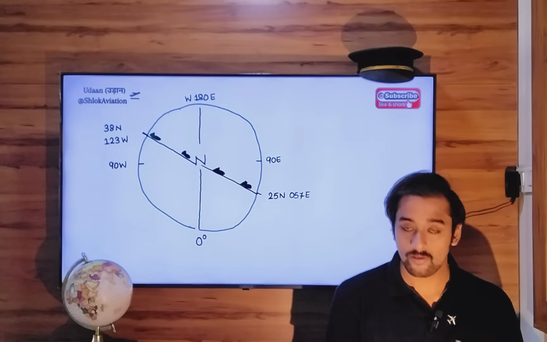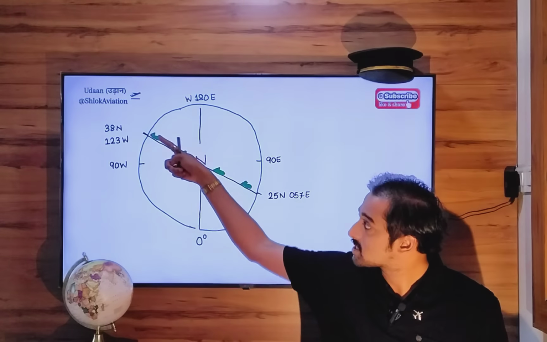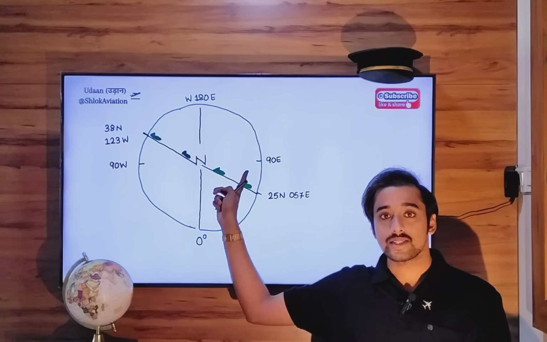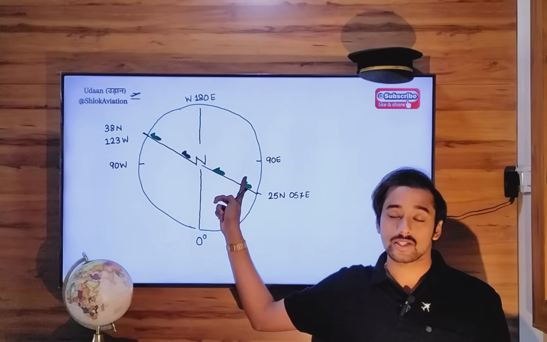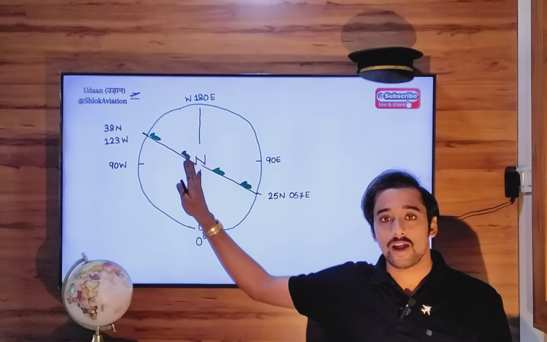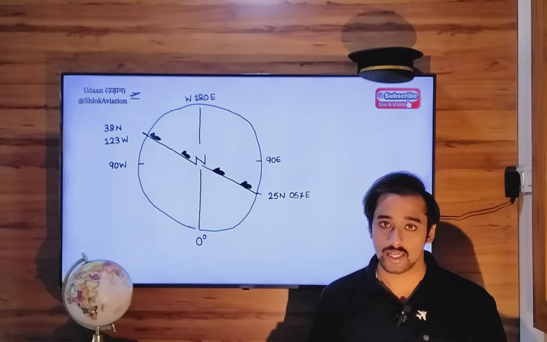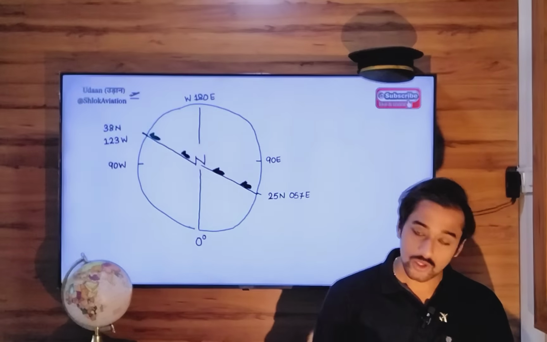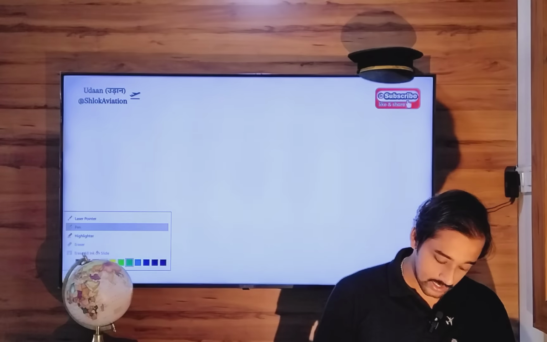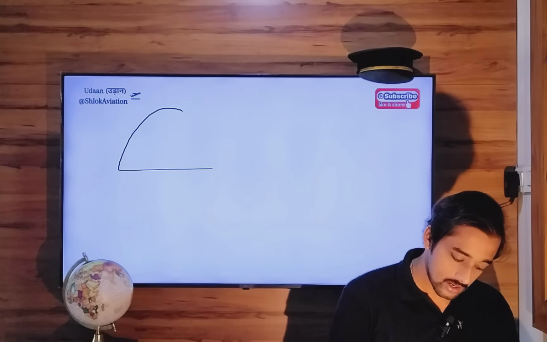Instead of following a longer track, it is more convenient and more profitable to follow a great circle track, fly across the North Pole, and then transition to the other side of the Earth and reach your destination. Now, how to solve this question? How to find the distance? For that, you will have to draw another diagram, just the northern hemisphere part of the Earth.